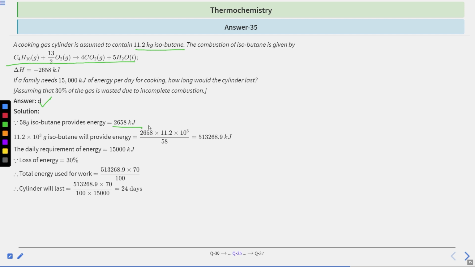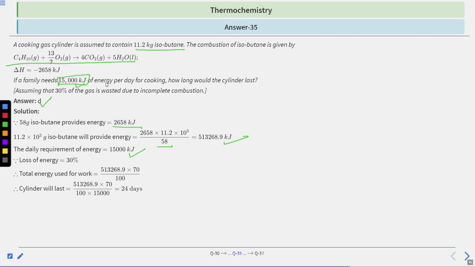It will be calculated as 2658 multiplied by 11.2 into 10 to the power 3, because we have to convert kilogram to gram, divided by 58, which is the molar mass, and it comes out as 5,13,268.9 kilojoule.